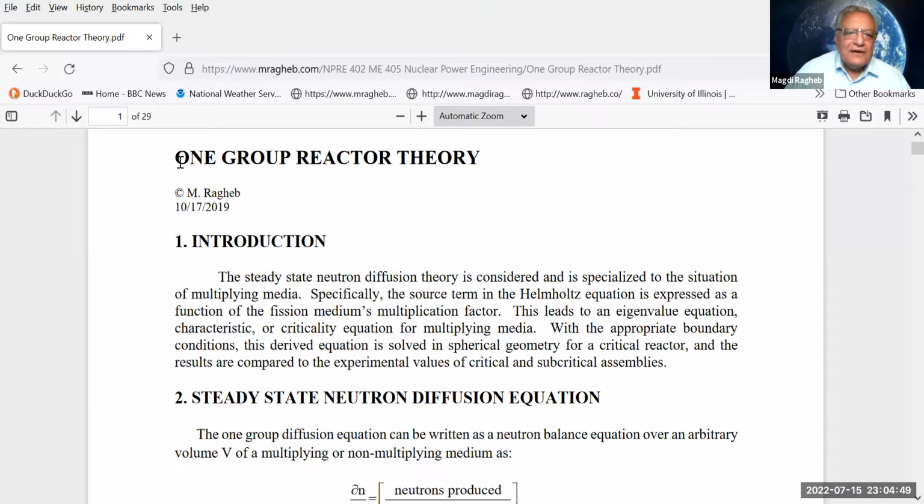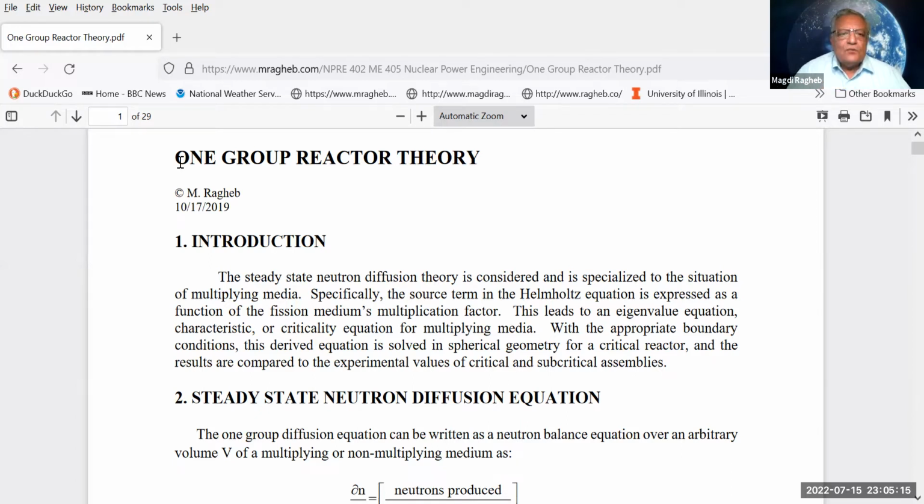To simplify matters, we are going to use one group of neutrons. We are going initially to consider that we have only neutrons that are thermal, which is the basis of designing existing light water reactors, when the neutrons are in thermal equilibrium with the medium.